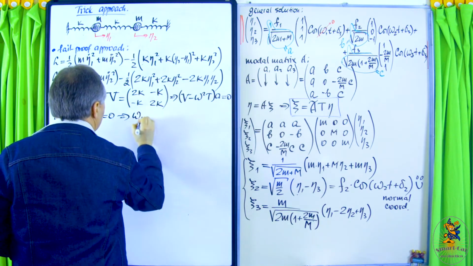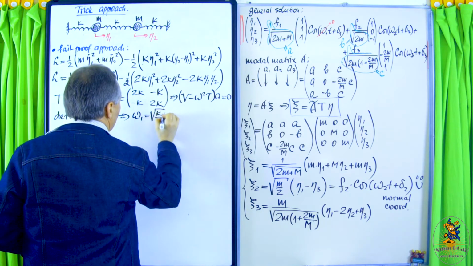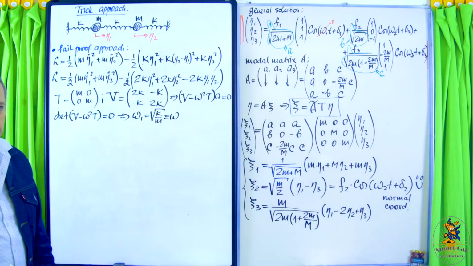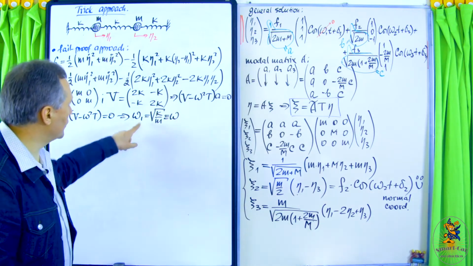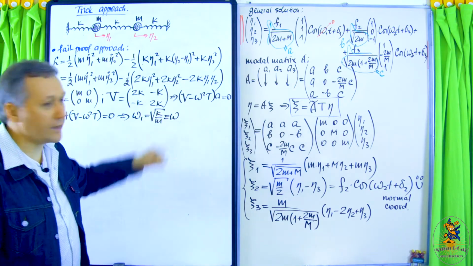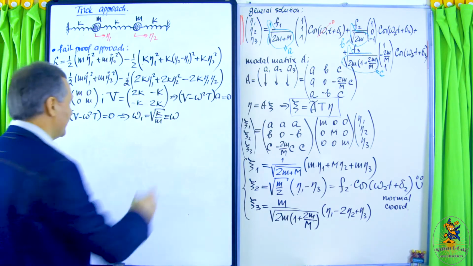So then frequency omega 1 equals square root of k over m. And you know what? Let me label it as omega. Just minor compulsion. I just don't want to drag this subscript, because the second frequency I will also write in terms of this omega. Again, it's not a crime, I just want to.